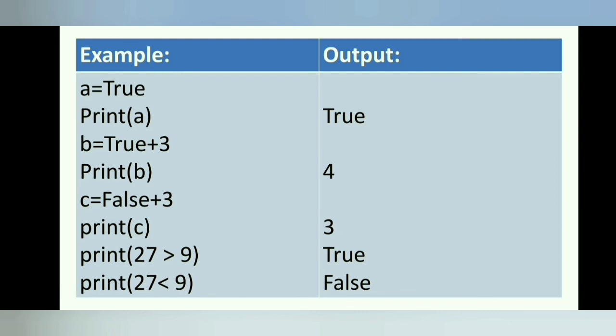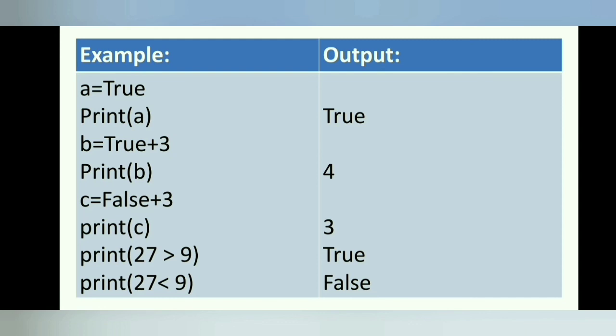True plus 3 is assigned to B. Print B. The output will be 4. The numeric value of True is 1. So 1 plus 3 is equal to 4. False plus 3 is assigned to C. Print C. The output will be 3. The numeric value of False is 0. So 0 plus 3 is equal to 3.